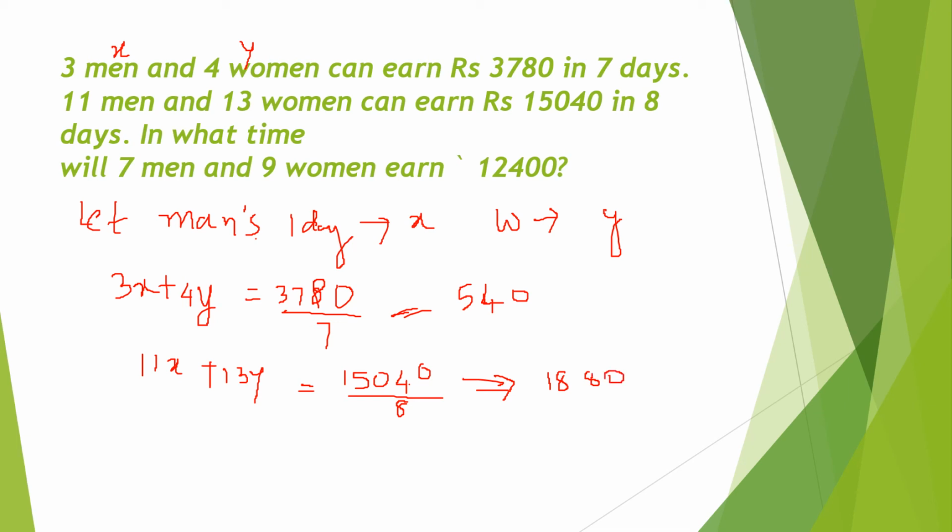Clear? So we got the second equation as well. Now what you have to find out is x and y from these. You solve the equations to get x and y.